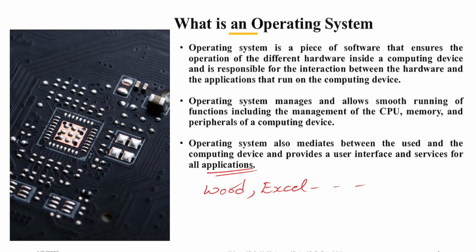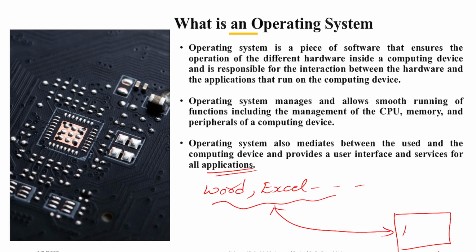We have several applications which are installed in a computer, and they are also managed by the operating system. So the operating system provides an interface to handle all these softwares and optimize the usage of the hardware.